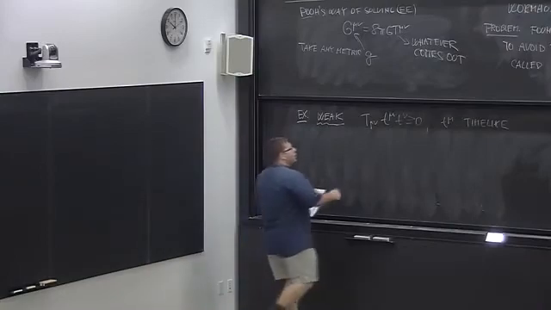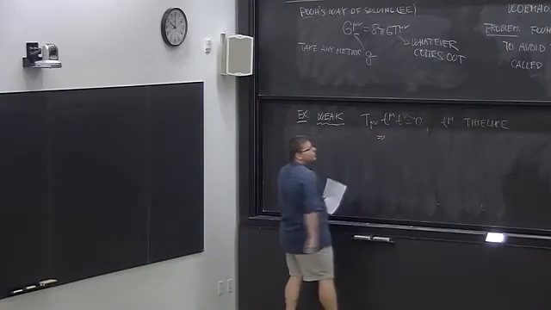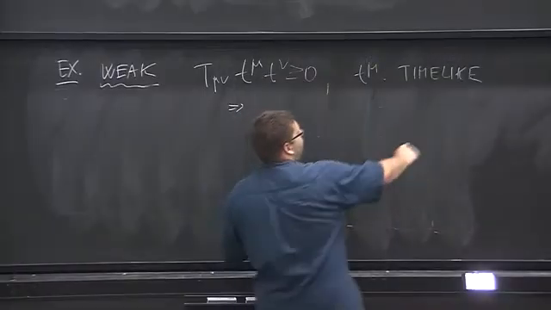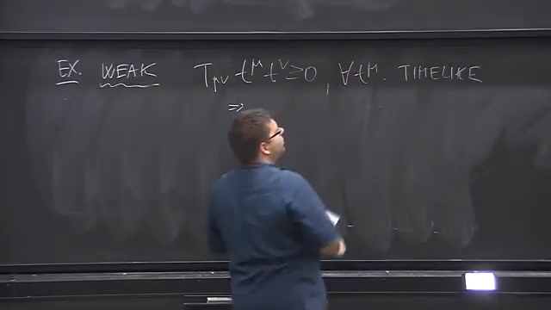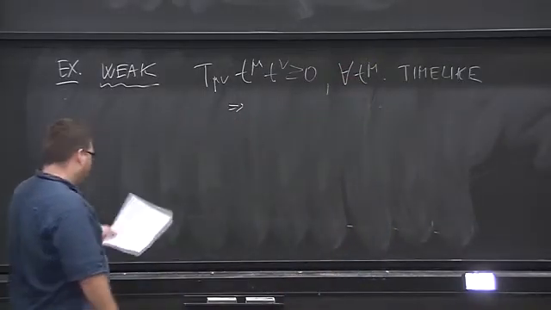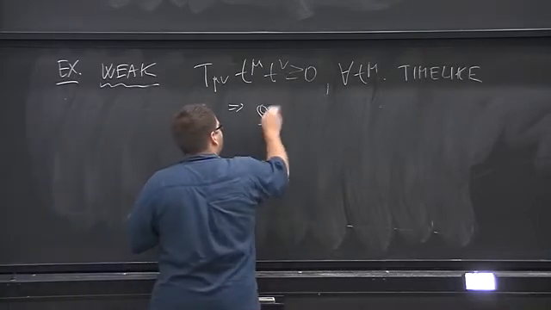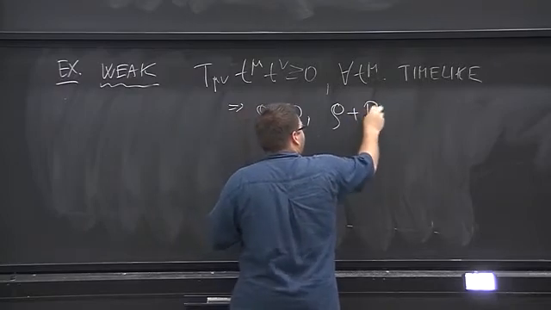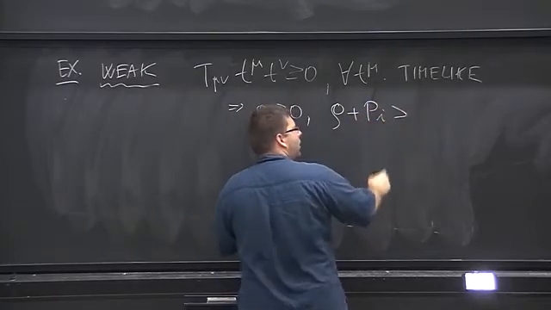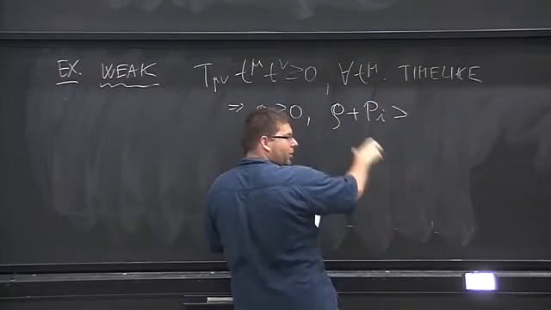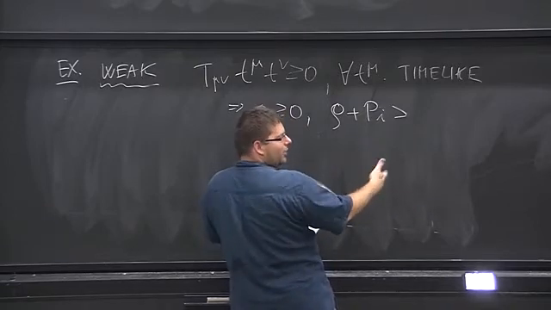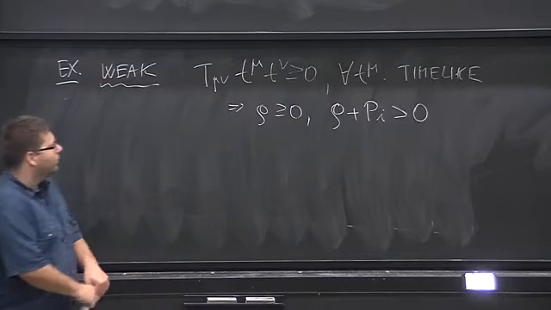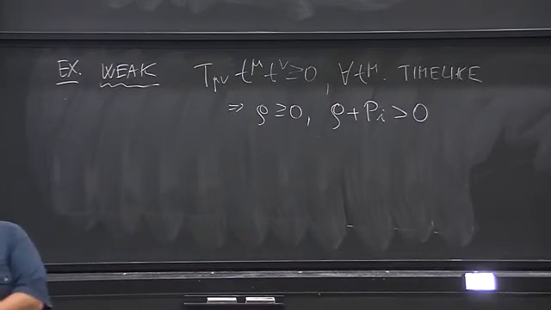In fact, if you do it not only for t mu which is just 1, 0, 0, 0, but for all t mu which is time-like, then you get conditions that the energy density is positive, but also the energy density plus pressure. You can have three principal pressures, Px, Py, Pz, and these have to satisfy the same. So these are the consequences of the weak energy condition.